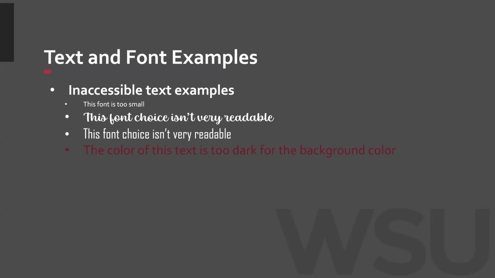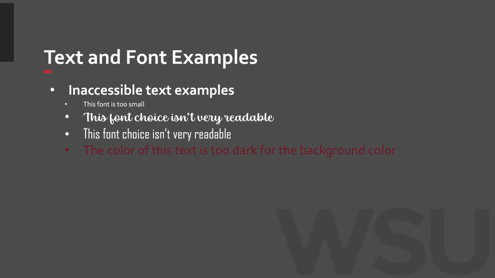In the second bullet point, I chose a scripted font. It says this font choice isn't very readable. It might look nice to some people, but it might be difficult to read for some users. The third bullet point says this font choice isn't very readable. It's a little more readable than the above font, but it still has narrow block-like letters that might be difficult to read for some users.